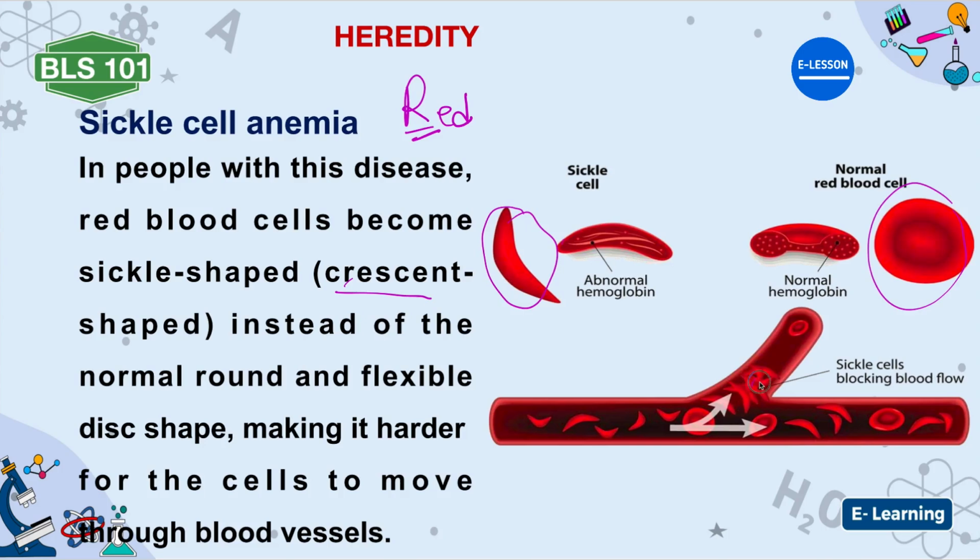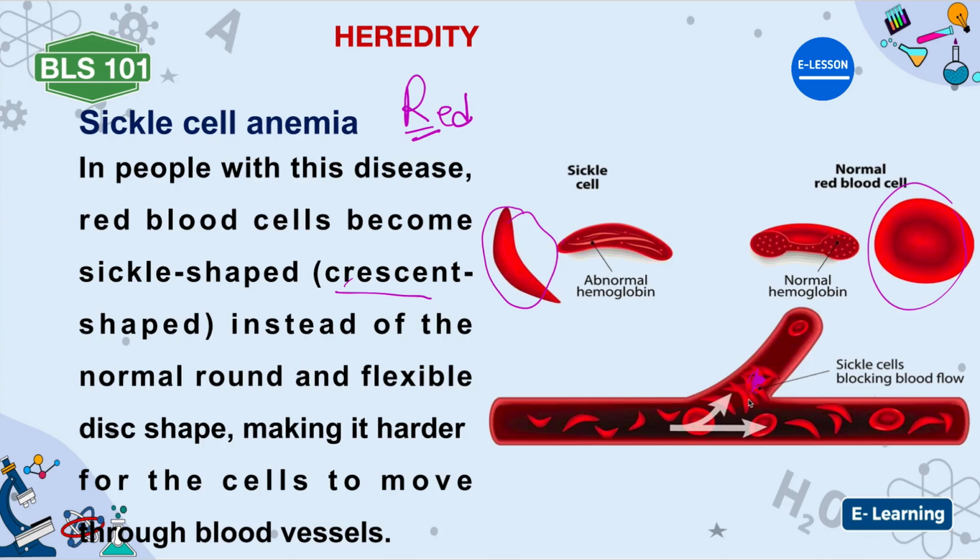You see how they are packed here, preventing movement through the blood vessel. And if there's no movement through the blood vessel, what are you expecting? Because they carry oxygen, and this oxygen is what is needed for metabolism and development in the body. If oxygen does not get to body cells, what will happen? The person will choke and die, or will have a serious health condition. Is that okay?